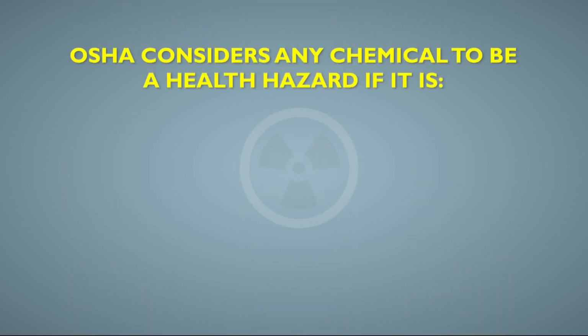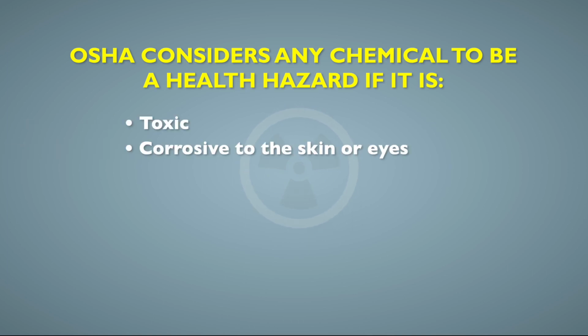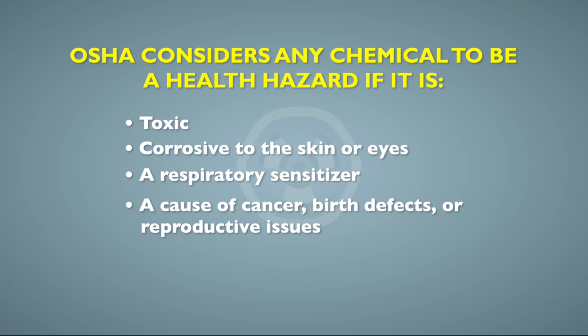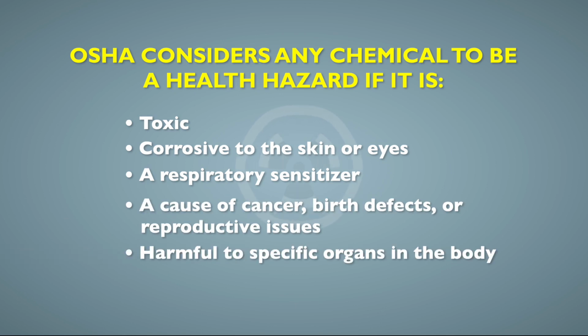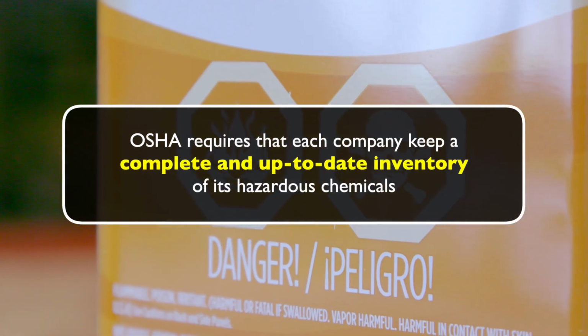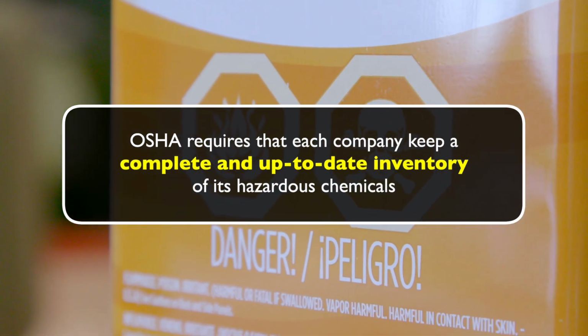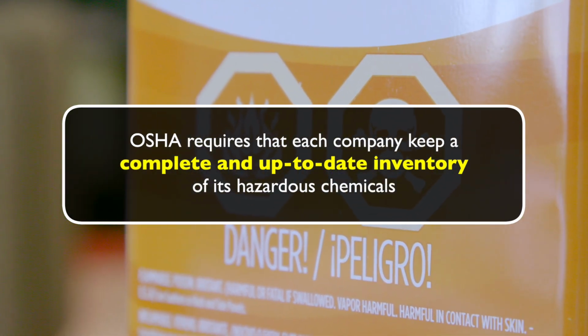OSHA considers any chemical to be a health hazard if it is toxic, corrosive to the skin or eyes, a respiratory sensitizer, a cause of cancer, birth defects, or reproductive issues, harmful to specific organs in the body, and harmful or deadly when inhaled. OSHA requires that each company keep a complete and up-to-date inventory of its hazardous chemicals.